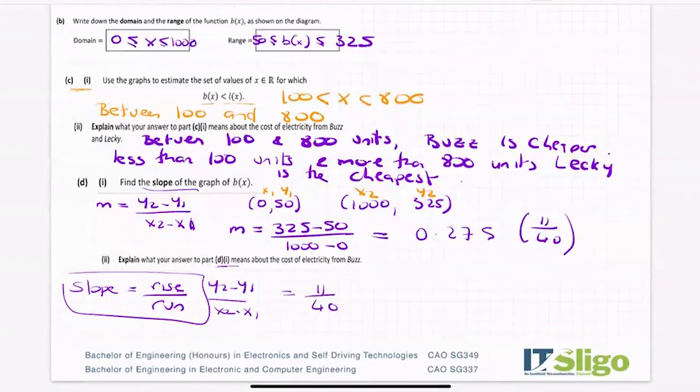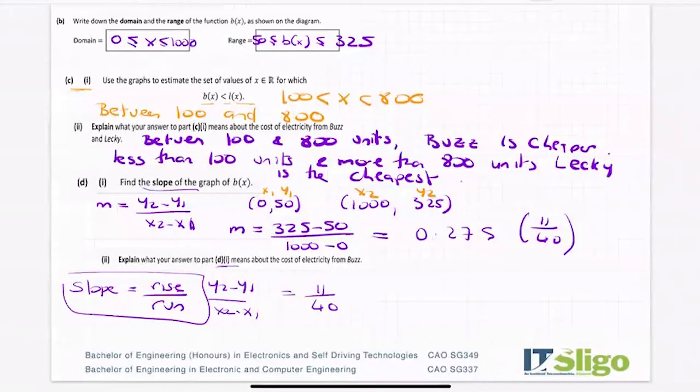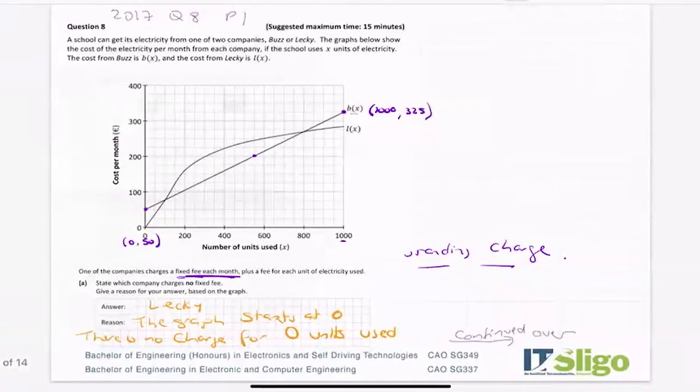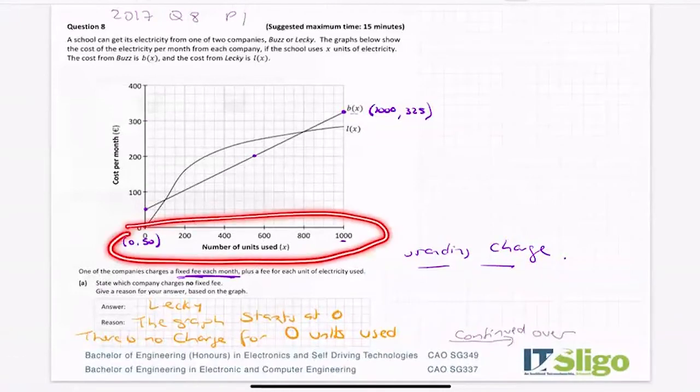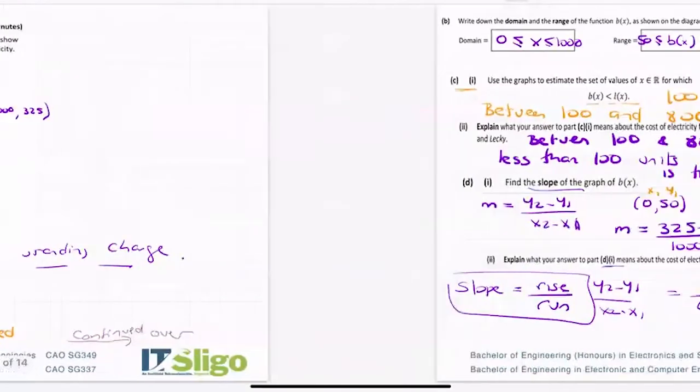So what does it mean if we have a slope of 0.275, or 11 over 40? What a slope of that means is that if I use 40 units of electricity, my bill would go up by 11 euros. How do I know all that? Well, I know that my x-axis, my run, is units used, and I know my cost is in euros, on the y-axis.